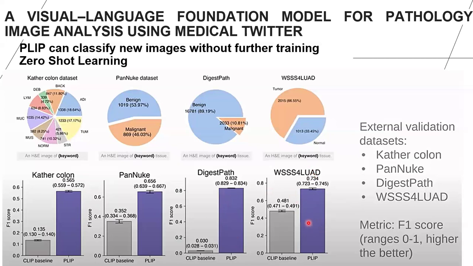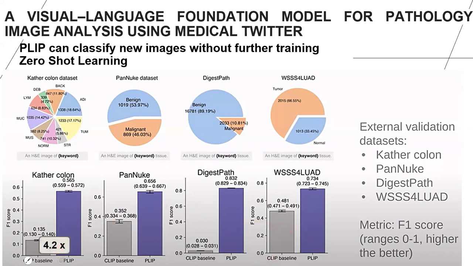So the major difference is that CLIP is based on natural images, and some of the images trained on ImageNet as well. But in case of PLIP, it is trained on pathology images, and it is very versatile because it has one of the largest pathological datasets.